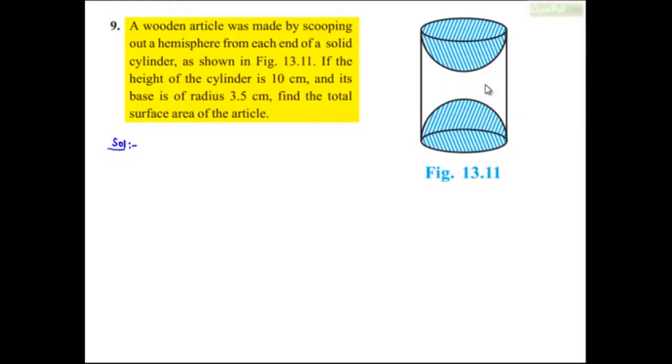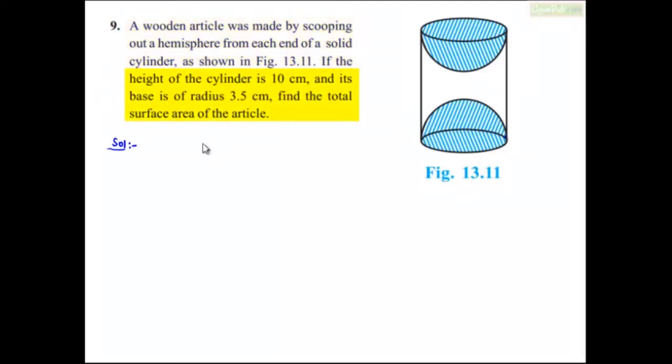Here we have a wooden article which is in the form of a cylinder with the two hemispheres driven out from it. So now the surface area of this can be obtained by summing up the surface area of the cylinder, that is laterally, and also the lateral surface area of the hemispheres.